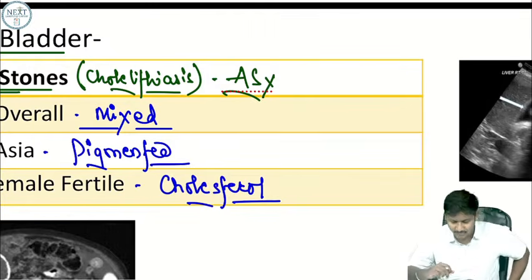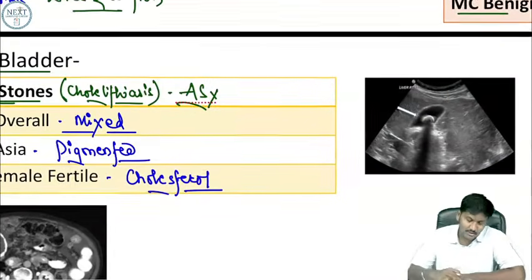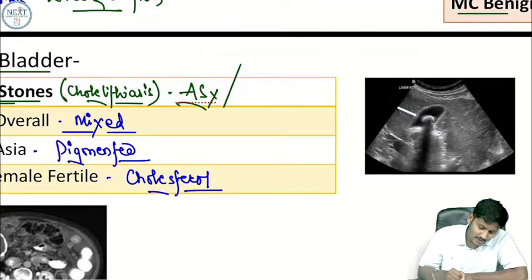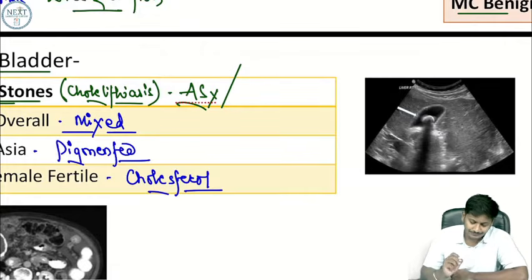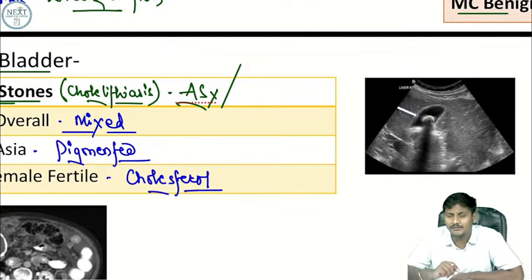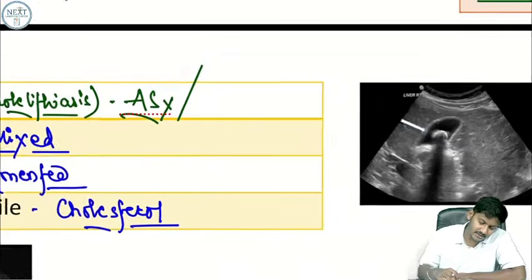But sometimes patients may have a symptom. And what is that symptom? Anybody? Let me know. The symptom in a patient of gallstones will be a right hypochondrium pain, or right upper abdominal pain. But that worsens after intake of what? Anybody, let me know in the chat box.